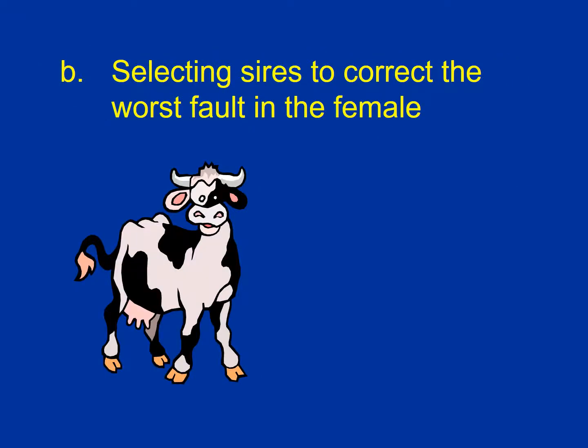With corrective mating, we're selecting sires to correct the worst fault in our females. So as you look at this cow here, she looks like a pretty happy cow, but one thing we might notice is that the conformation of her front feet seems to be a little lacking. They're pointing in two different directions. So we should probably find a male that's going to help improve that conformation.